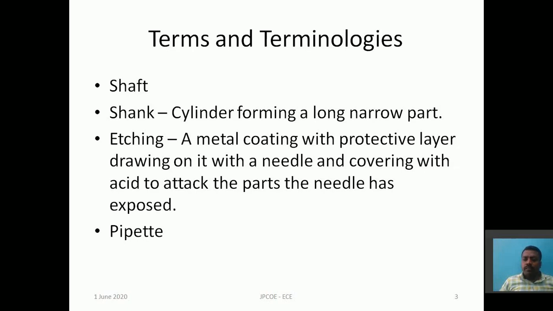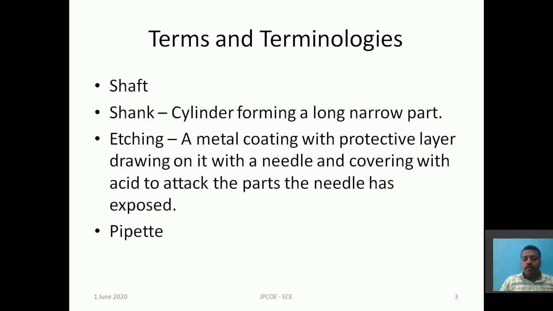Already I think you studied it in semiconductor manufacturing, where unwanted portions of the transistors are etched by hydrochloric acid. In the same way, in PCB manufacturing, the unwanted portions are removed by hydrochloric acid. So that is called etching. Here, with etching, we are extending the metal.